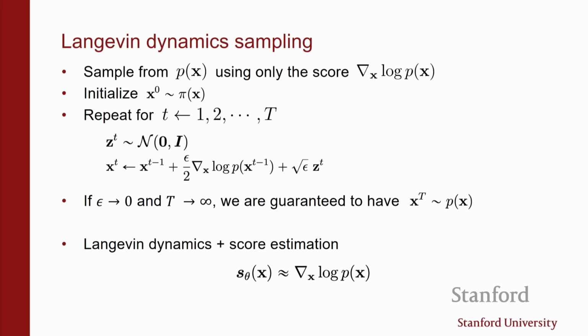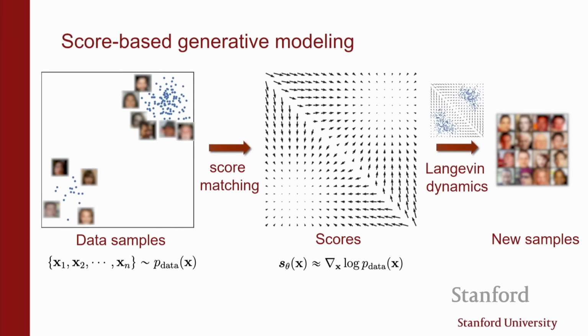And to the extent that you've done a good job at estimating the gradient, and to the extent that these technical conditions are satisfied, this would produce a valid sample. And so that's basically the full picture.